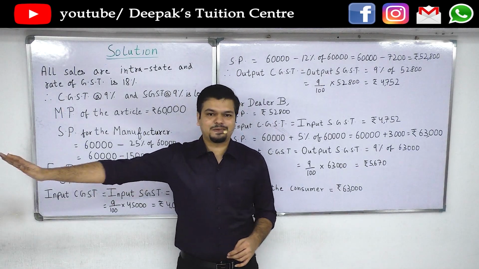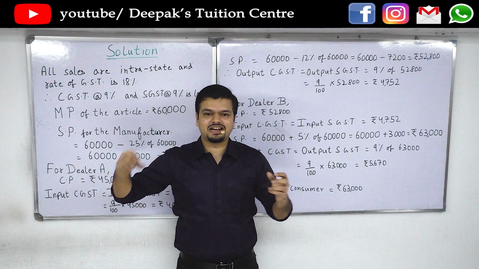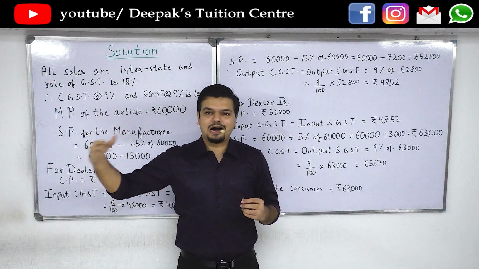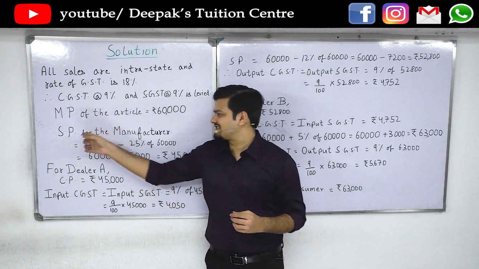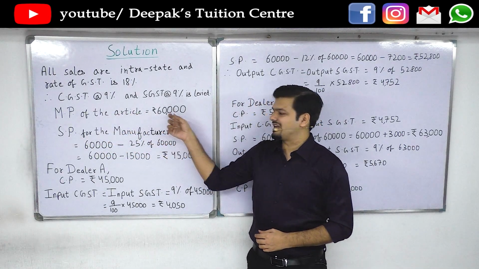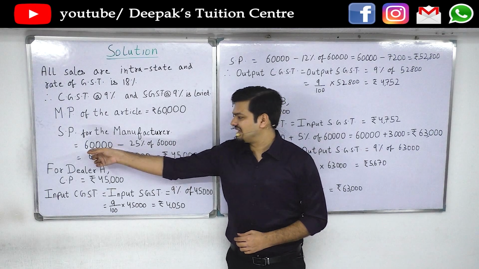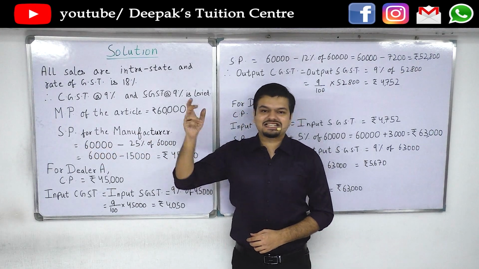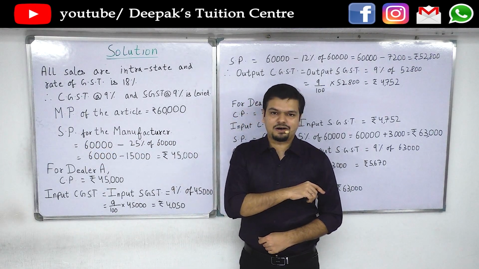So the manufacturer's CP is 0. Do not consider it. Therefore, input GST is also out of consideration. Now I am focusing on the selling price of the manufacturer. It is given in the question paper that the mark price of the article is 60,000. So therefore, the selling price of the article is 60,000 minus 25% of 60,000.